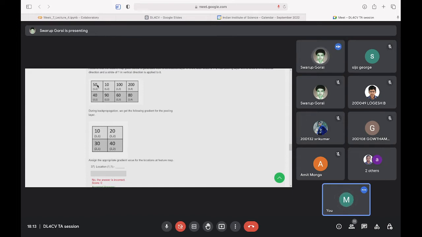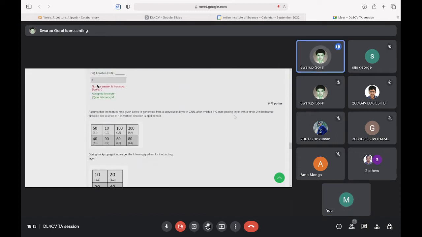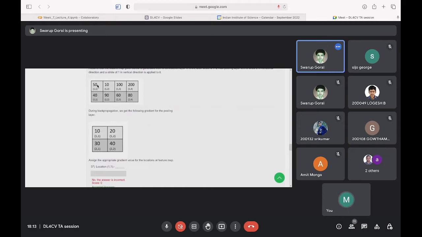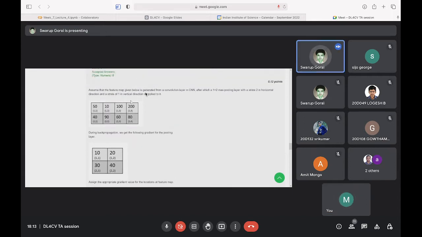Then I move by stride 2 in the horizontal direction, so 100 and 200, and I get 200.